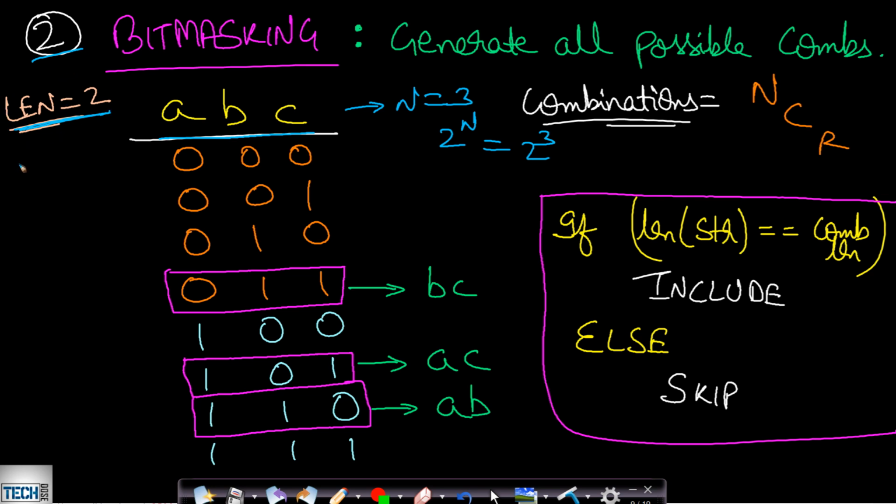So that will be equal to nCr, which is nothing but taking all the combinations of string length r from a total string length of n. So here our total string length is 3. So that will be equal to 3C2, which will be equal to 3. So there will be 3 subsequences of strings which will be having length equal to 2.